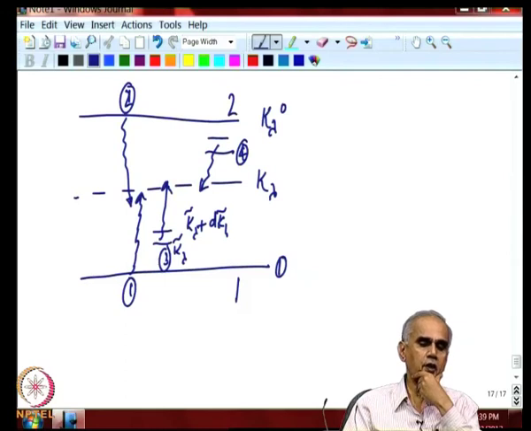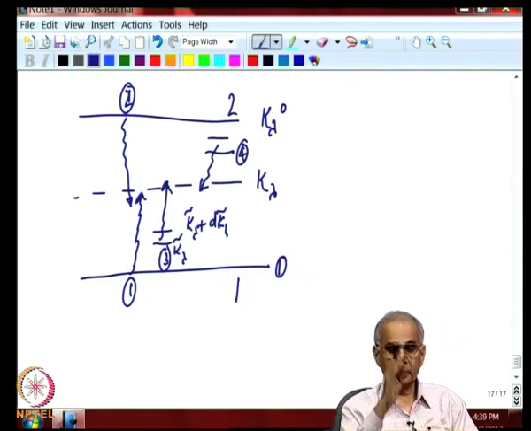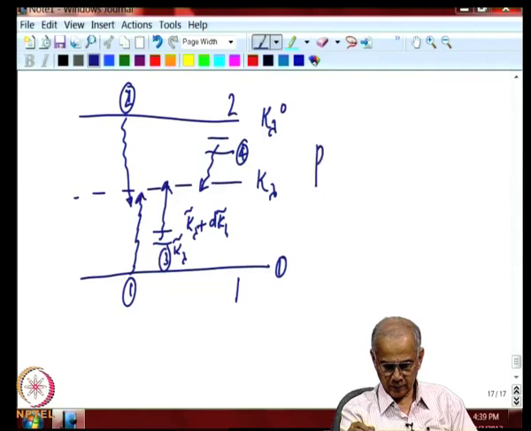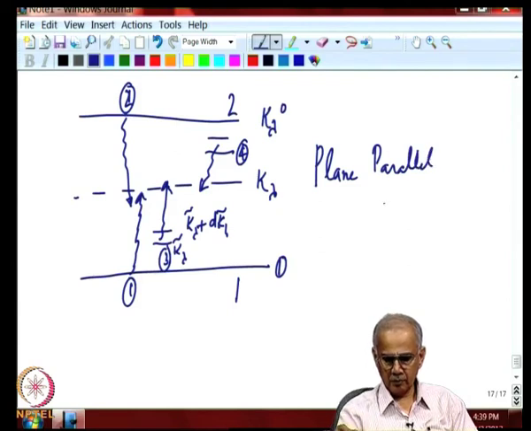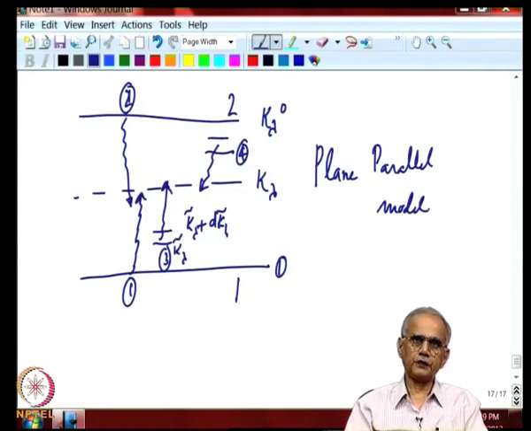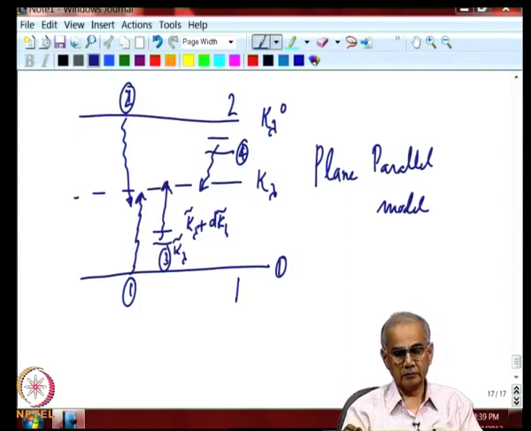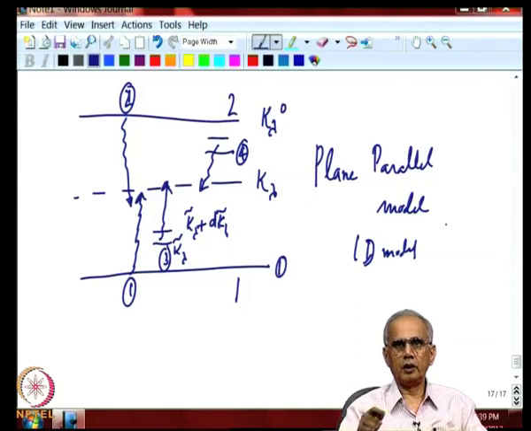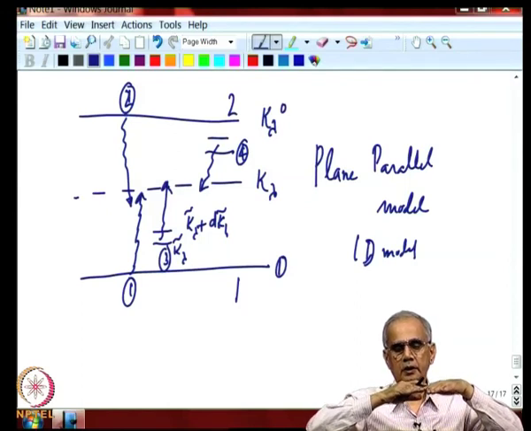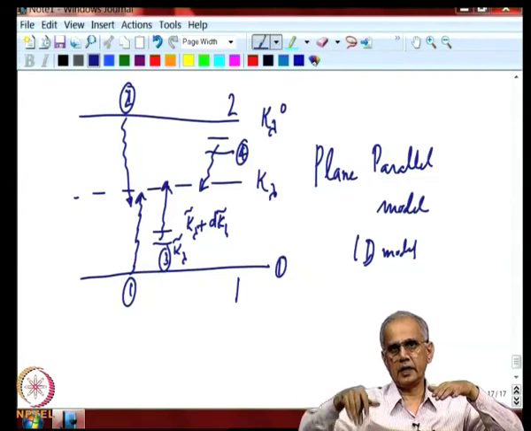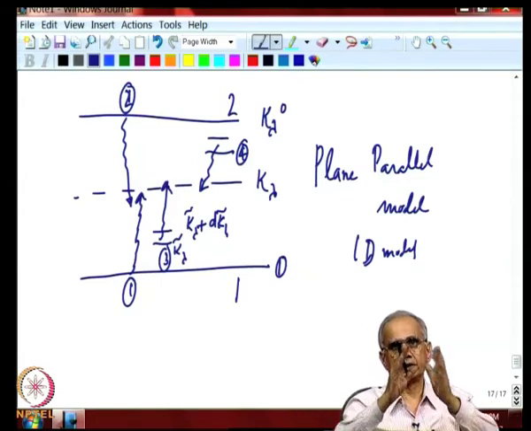So, we have at last got an equation, and this geometry we used is called the plane parallel model or atmosphere. So, this is the simplest formulation of radiation problems. It is essentially a 1D model. We do not account for variations in y and in z, we only worry about variations in x.